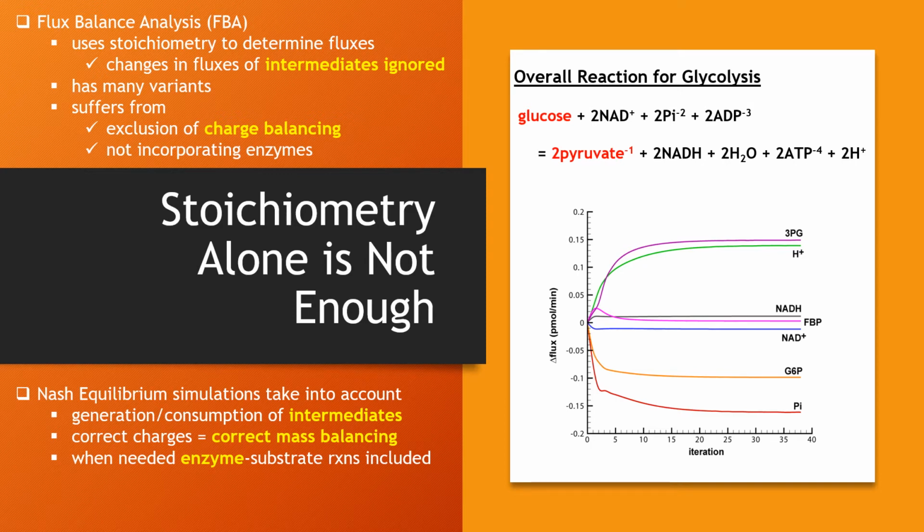However, in flux balance analysis, these intermediate species are not included, and therefore one winds up with an incorrect interpretation of the overall reaction. In fact, it is easy to show that 1 mole of glucose does not go to 2 moles of pyruvate because of the accumulation and/or depletion of chemical intermediates.